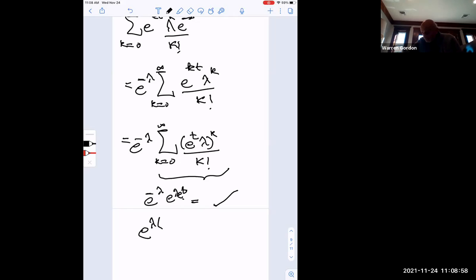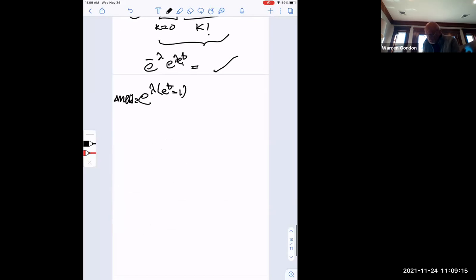The problem is I don't want my glasses on, I can't see what I'm doing. Okay, so the moment generating function for this random variable turns out to be e to the lambda times e to the t minus 1.